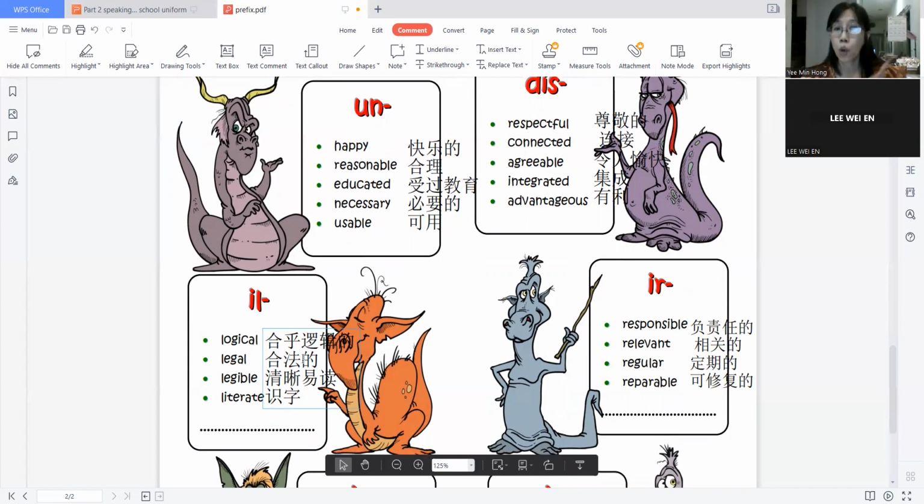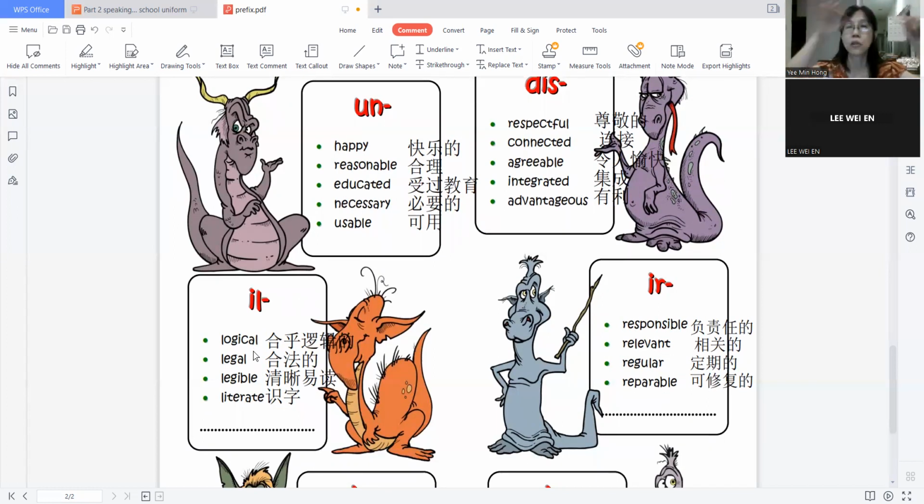Logical means having logic, right? The whole flow of his presentation is logical. But if you add il, the flow of his presentation is illogical, messy and confusing. Legal: they come in through a legal way, or they come in through an illegal way.